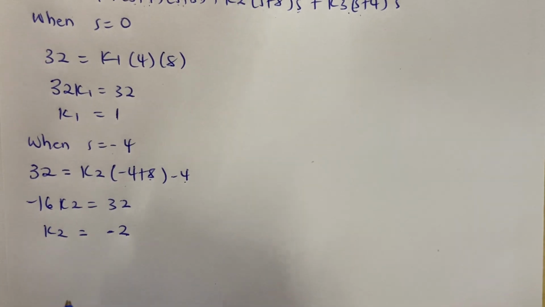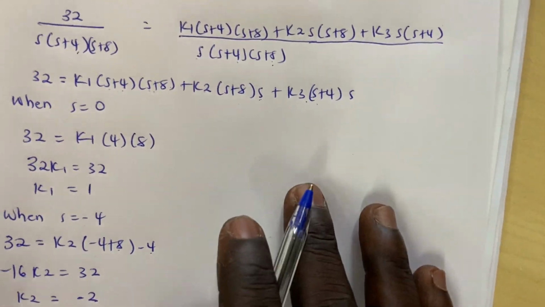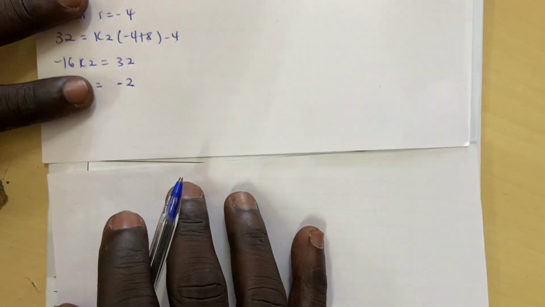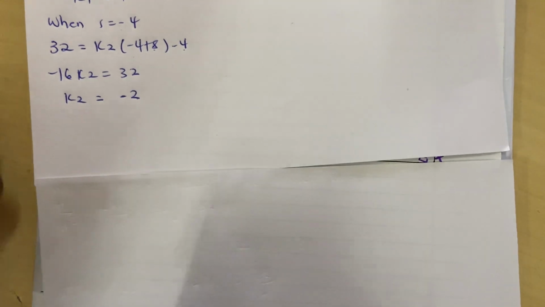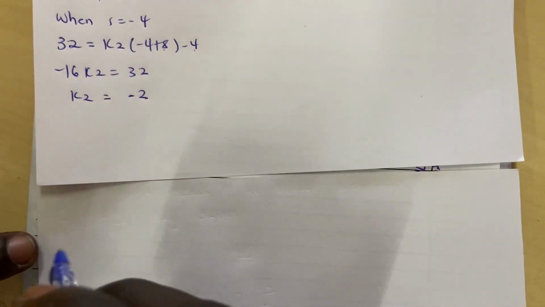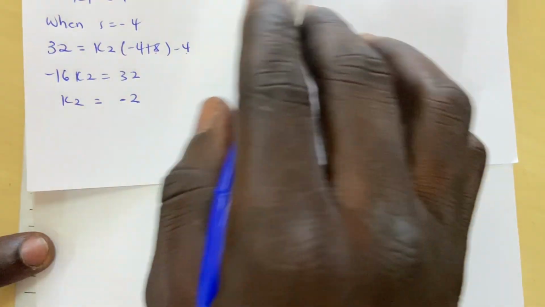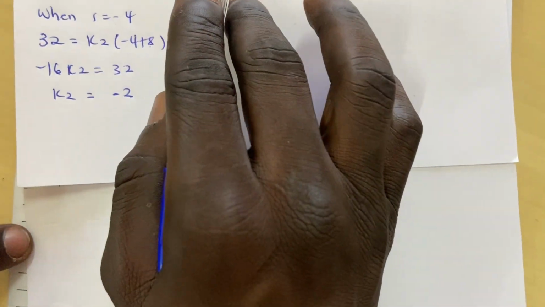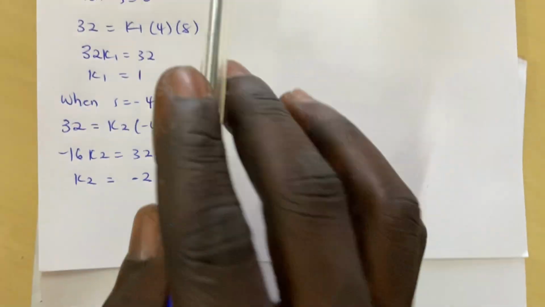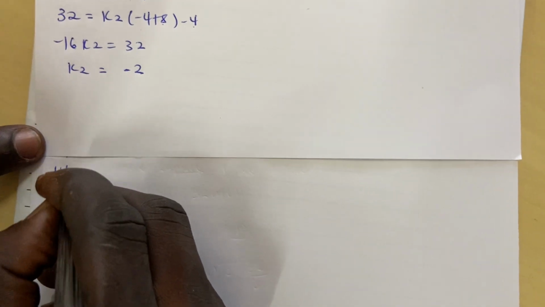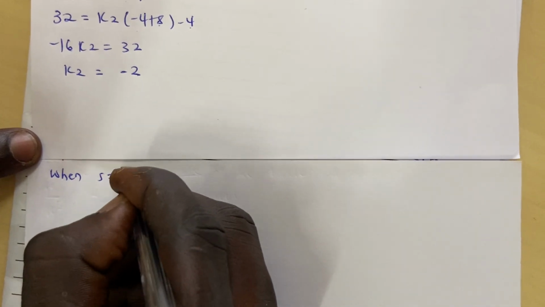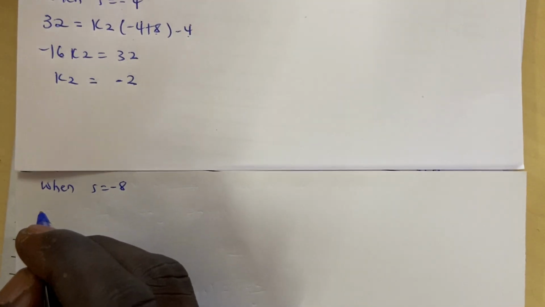Now we have to find the last constant, which is k3. Just like we did with the first and second one, we have to make sure the other expressions, 1 and 2, go to 0, and the common term they have is s. So when s is equal to -8, this will go to 0, this will go to 0, and we are left with this.